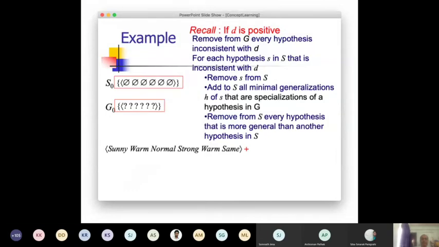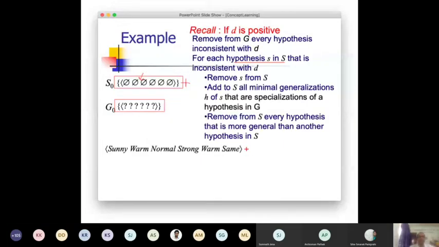Then for each hypothesis s in S, which is the only hypothesis here, let me use my pen. Remove s from S, so you have to remove this hypothesis from the set S, and then add to S all minimal generalizations h of s that are specializations of a hypothesis in G. Since G naught is all question marks, any hypothesis is a specialization of G naught.